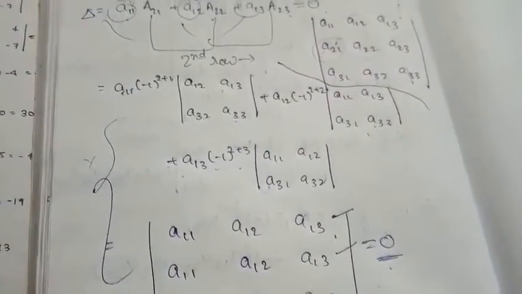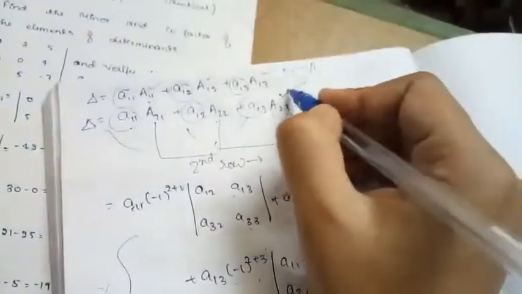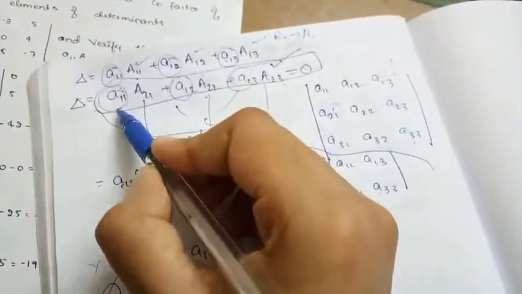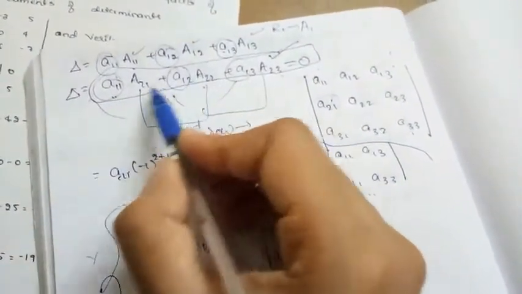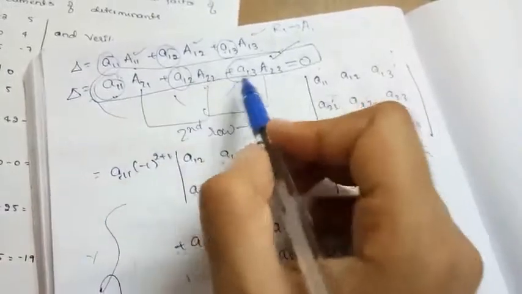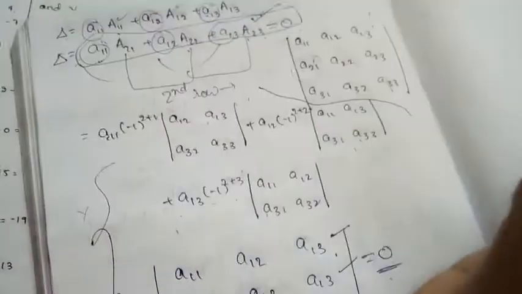This general expansion is not very important. You can verify it with the following examples and you will get a clear idea. If I multiply the elements of any row with the cofactors of a different row or column, then the value of that sum is equal to 0.